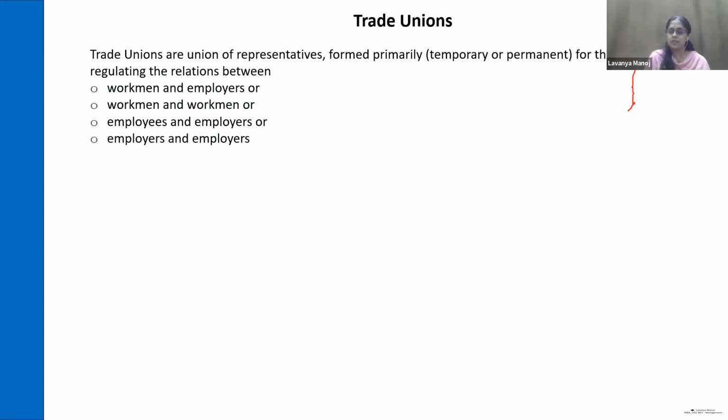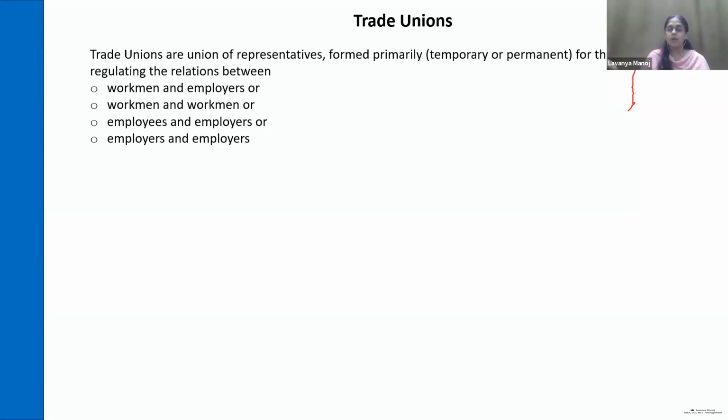The other thing is that when they are in conflict, one organization may be paying a decent salary or wages to their employees in one industry, while the other organization in the same industry may be paying a little less. This may give rise to conflict. They may say, why don't you also do the same thing I am doing?